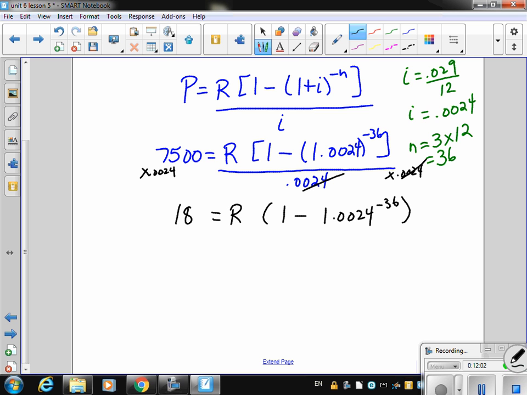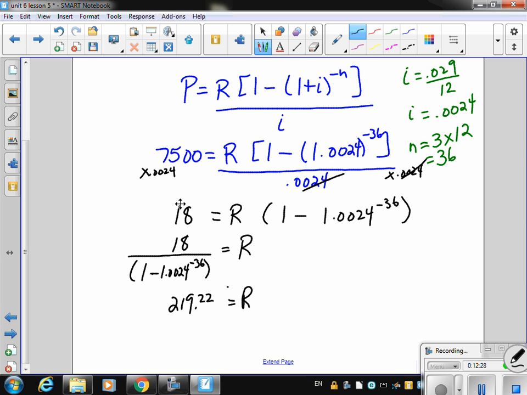I am going to divide both sides by the ugly bracket, 1 subtract 1.0024 to the negative 36. Very carefully, I type it in my calculator, and I will get $219.22. Does that make sense?